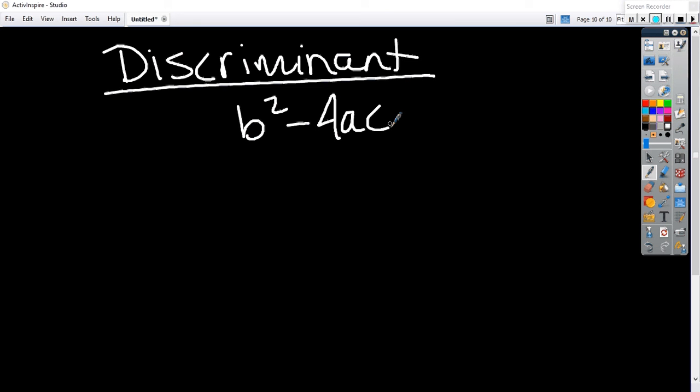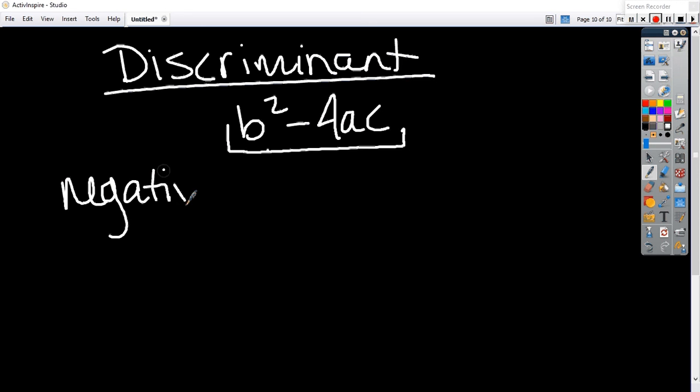The discriminant is simply that little piece that's under the radical, okay? So we can get more information about what this graph looks like without actually graphing it by just analyzing this part. Because if we do this and we get a negative number, what does that mean about my graph?